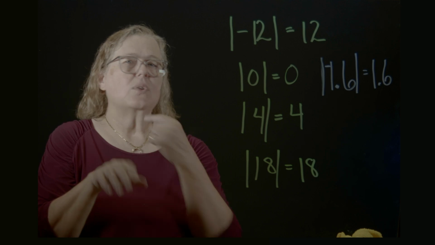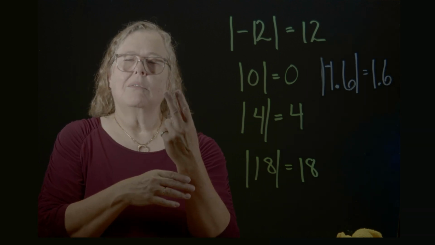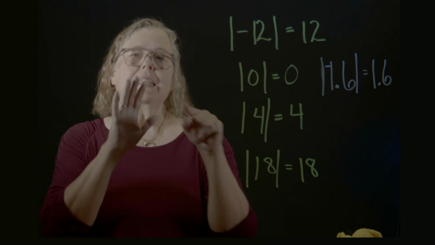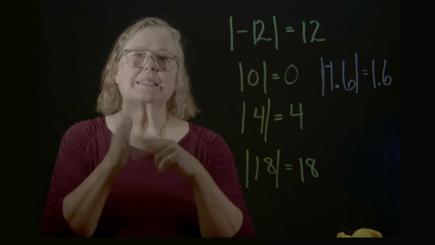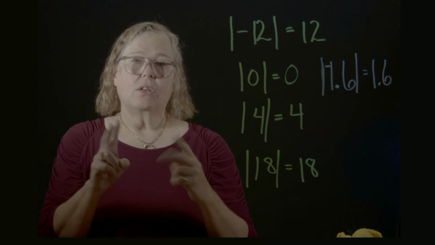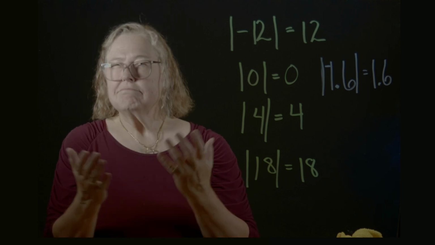I don't say I paid a negative $12. No, I just say I paid $12. I know it's kind of confusing, but I want to point out that the negative 12 means I paid $12. The absolute value tells me how much is that? How big is that number? It is 12.